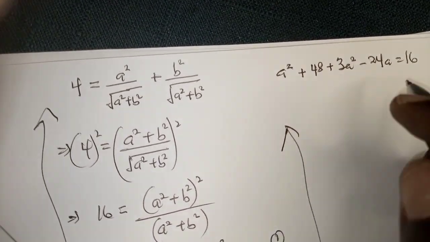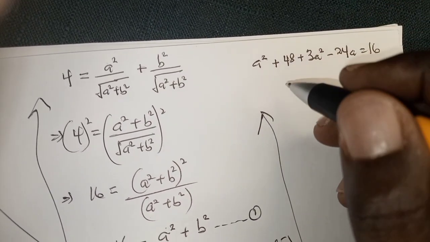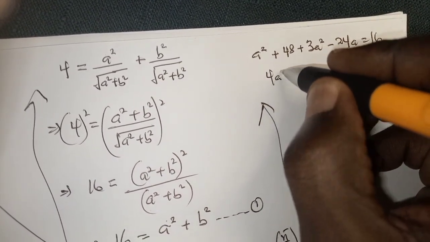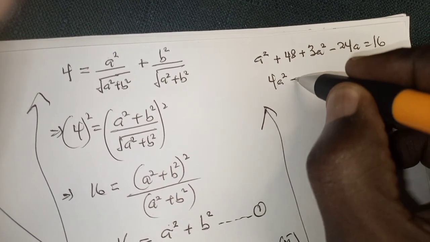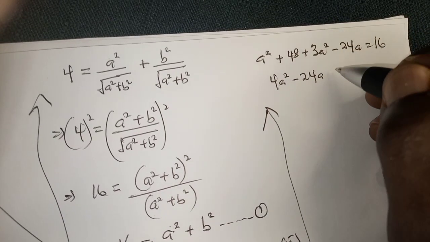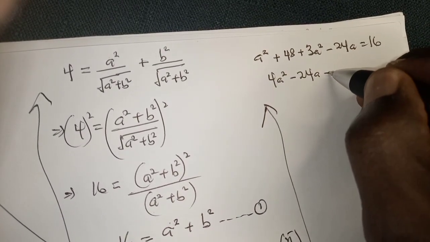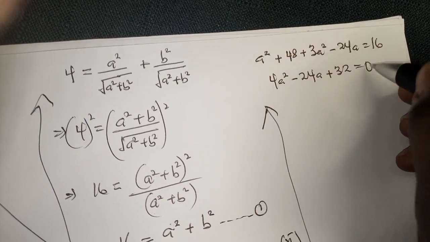So we have a quadratic expression here, so we can form a zero equation. So we have 4a square minus 24a plus 32 equals 0.